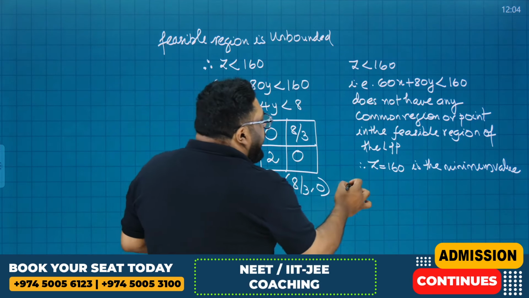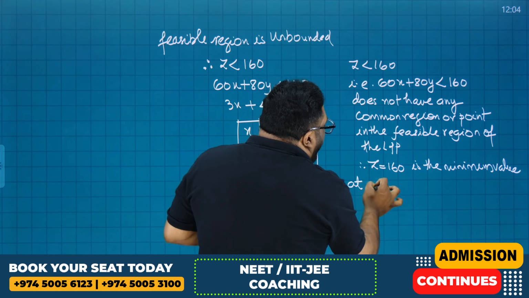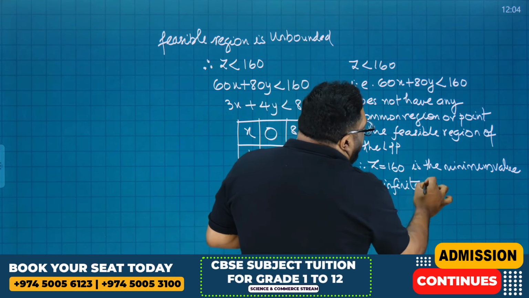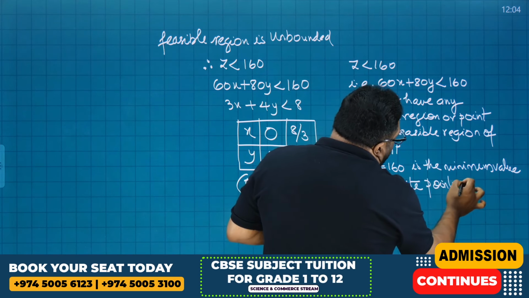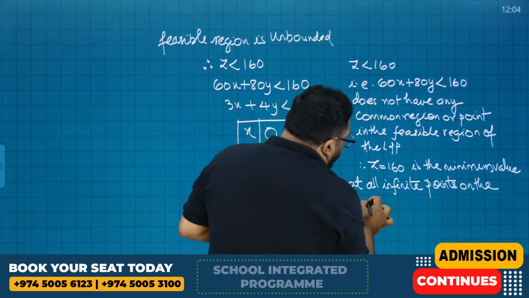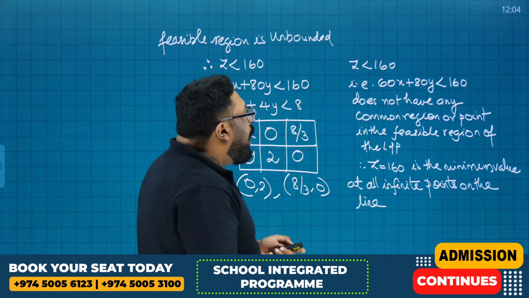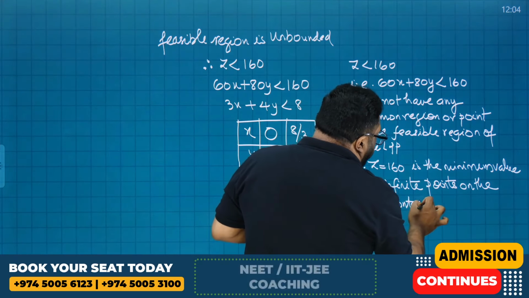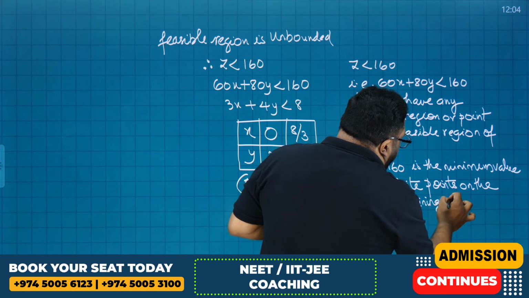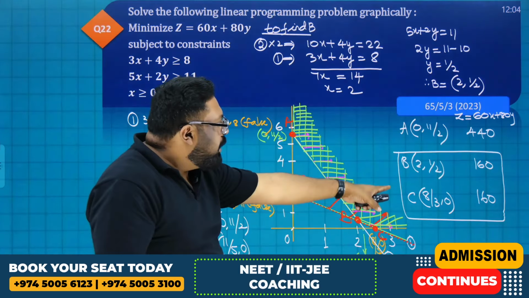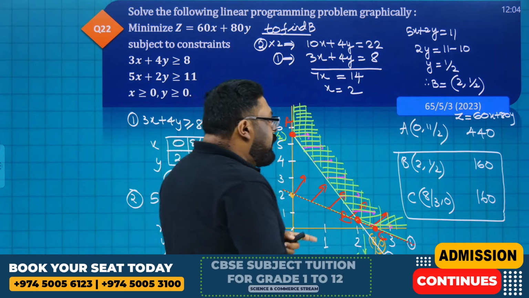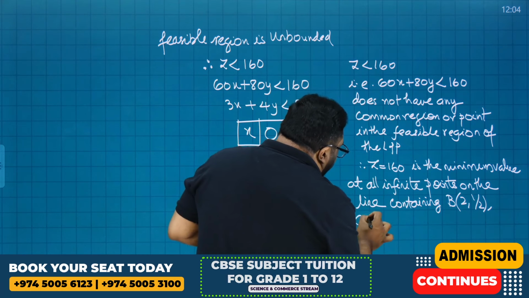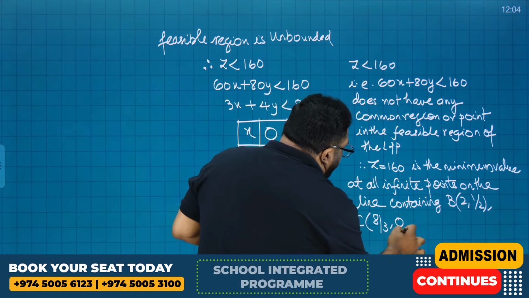But it occurs at all infinite points on the line containing B, 2 comma 1 by 2, and C, 8 by 3 comma 0.